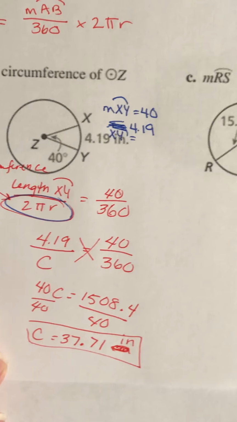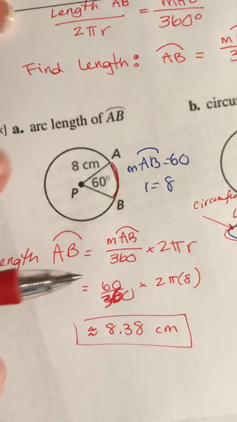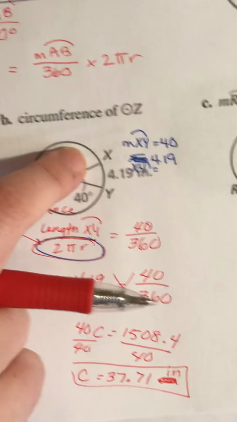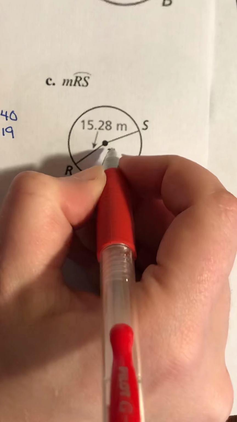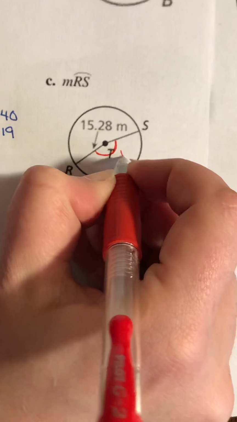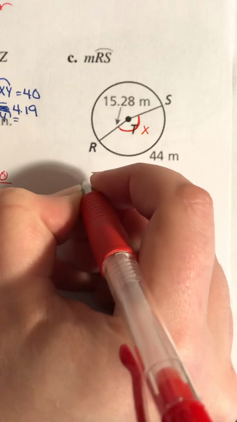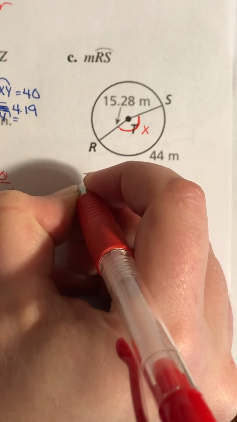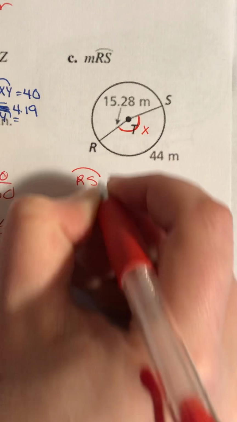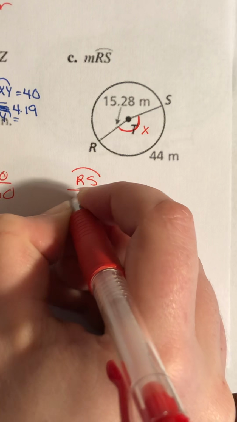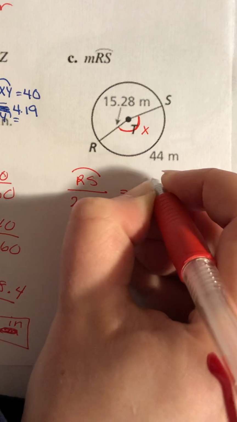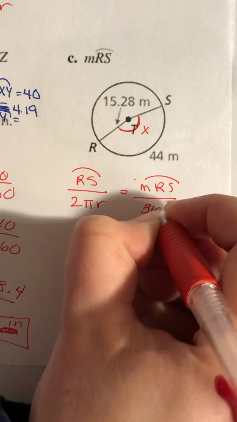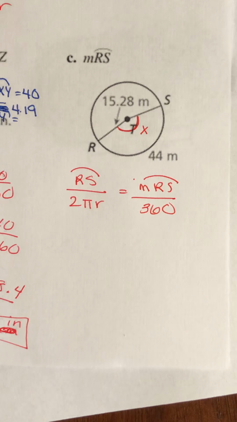And one more. So this was to find the arc length, this was to find the circumference, this one is to find the angle measure of RS. So this is what I'm looking for. It's the length of RS over the circumference equals the angle measure, which is what I'm looking for, over 360.